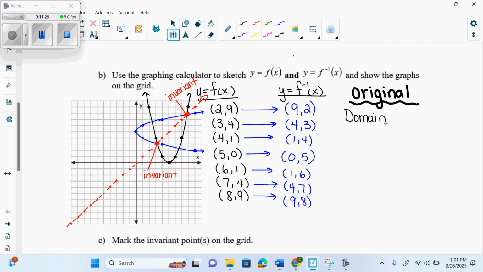What is the domain of that black quadratic? x such that x is in the reals. So in set notation, it's x such that x is in the reals. In interval notation, it's negative infinity to positive infinity.